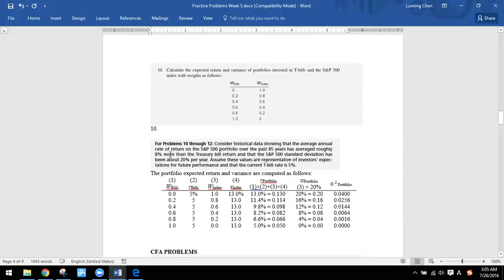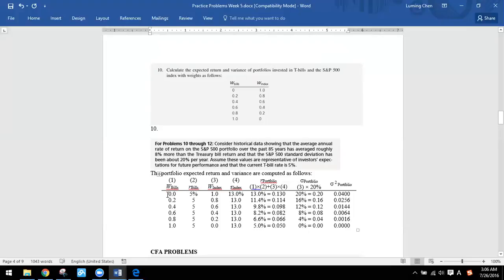So for S&P 500, the expected return is 13%. And the Treasury bill doesn't have any standard deviation because it's a risk-free asset. The S&P 500 standard deviation has been about 20% per year.